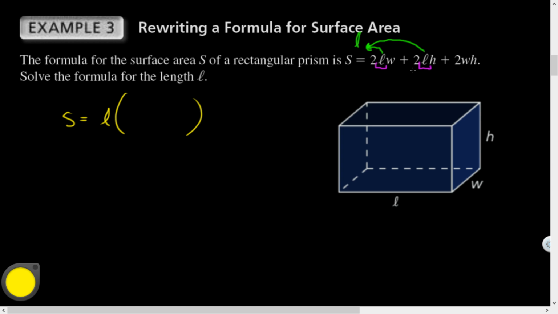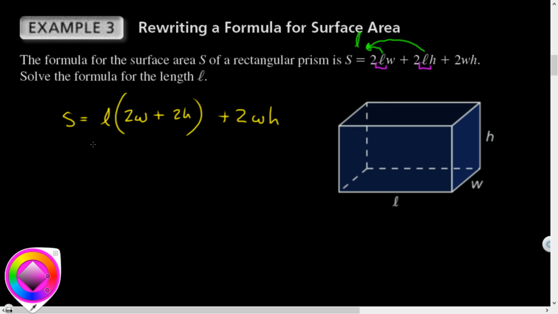And I've got to figure out what these 2 things were made up of. And then plus 2WH, because that would have been outside the parentheses. And so on the inside, L times what is 2LW? That's 2W. And L times what is 2H? Well, that's just the 2 and the H, so plus 2H.